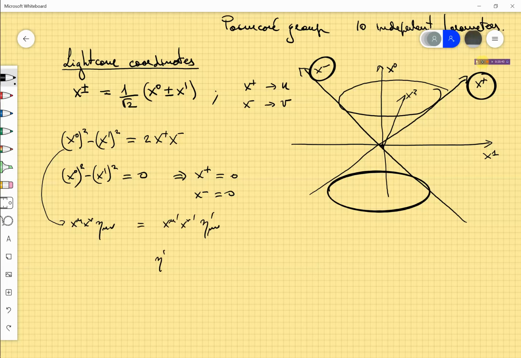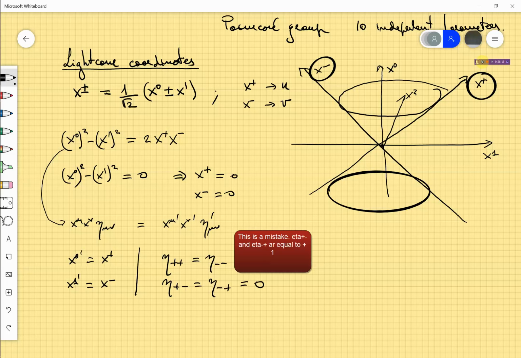To clarify what I am saying, x0 prime now is x plus, x1 prime is x minus, and eta in these coordinates, eta plus plus is equal to eta minus minus, and it is 0, and eta plus minus is equal to eta minus plus, and it is 0.